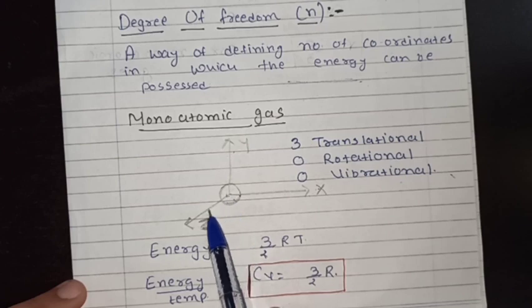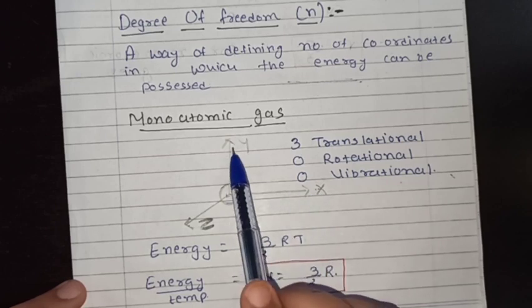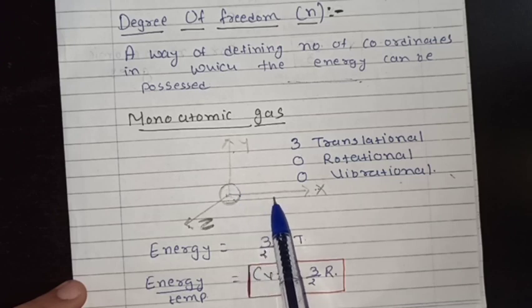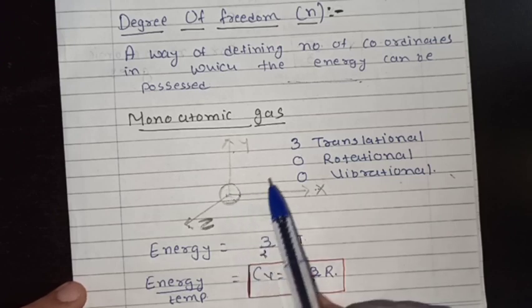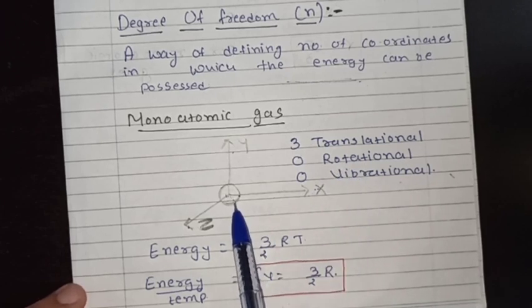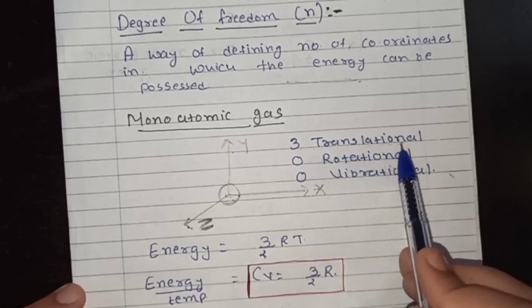It is free to move along the z-axis also, so it can possess energy along the z-axis. So a monoatomic gas can move linearly along the x-axis, y-axis, and z-axis. It is moving linearly, so the energy related is the translational energy. That means the single atom can move along 3 axes, so it will have 3 translational degrees of freedom.